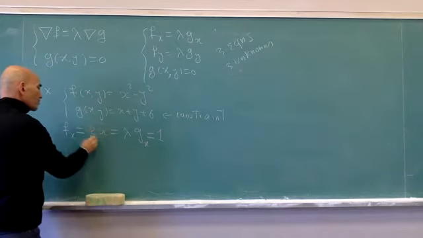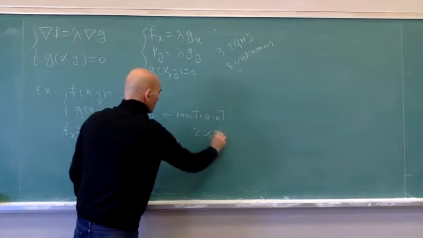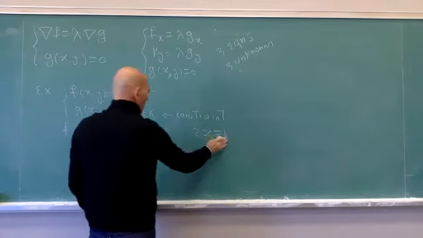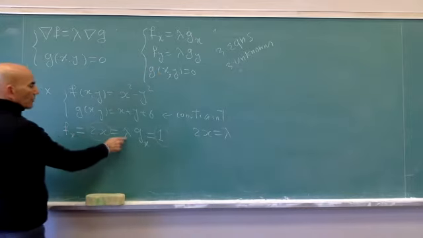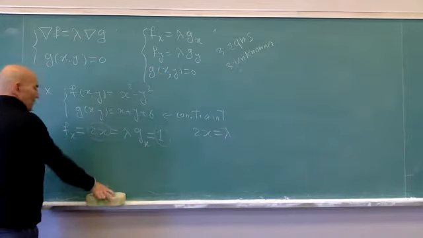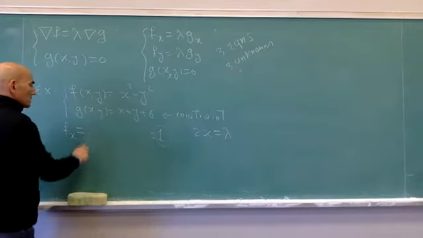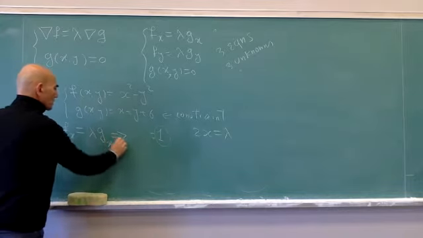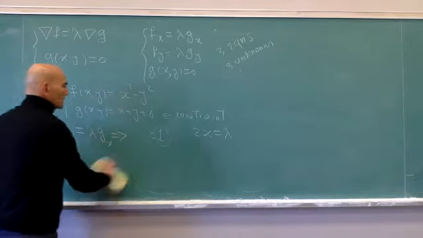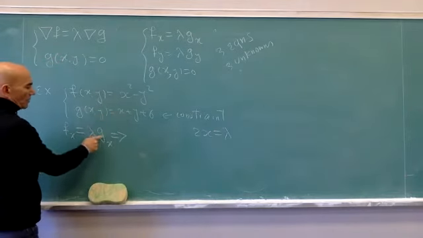So fx equal to lambda gx means indeed 2x is equal to lambda, because gx is 1, and lambda times 1 is lambda.